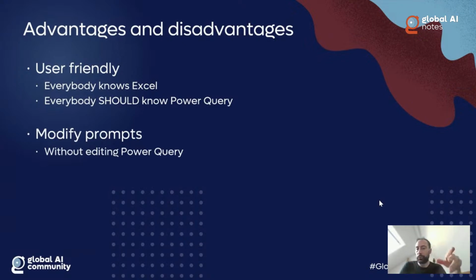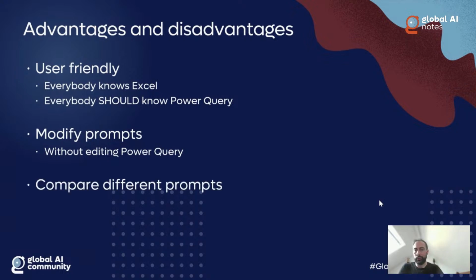You can modify the prompts without editing the M functions, and you can compare prompts to see if one is better to keep the 5 categories. My last one was better than the prompt you have seen here.